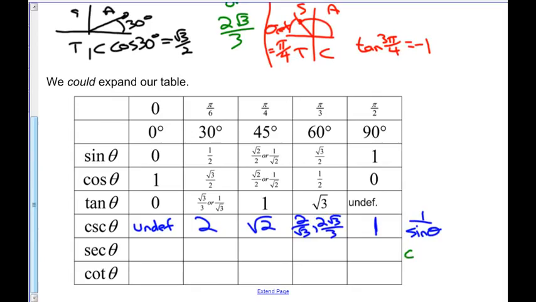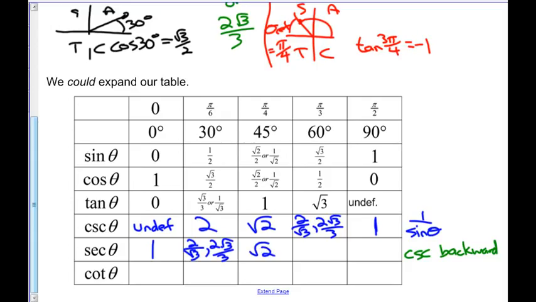Secant is just cosecant backward. Okay, so cosecant started with undefined, ended with 1. This one will start with 1, and it will end with undefined. 2 over root 3, or 2 root 3 over 3.